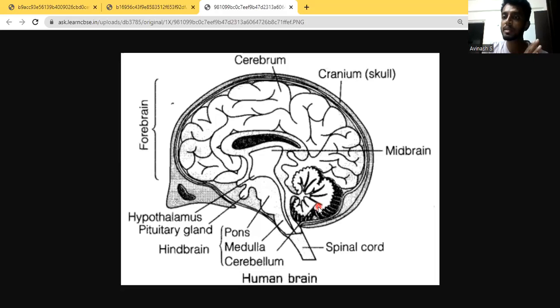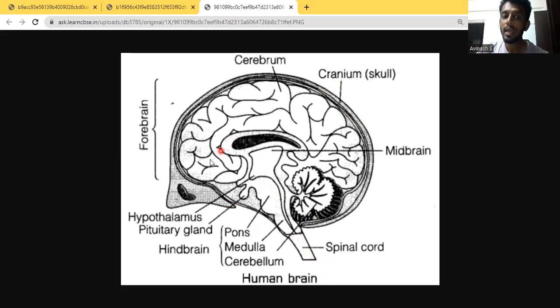We all know that the left hemisphere controls the right part of the body, and the right hemisphere controls the left part of the body. Also, there is a stem extending from the brain, called the spinal cord, which performs a very important function called reflex action, which we have seen in another recording.